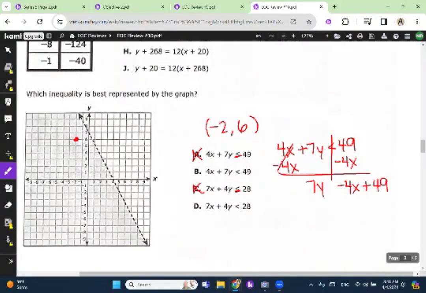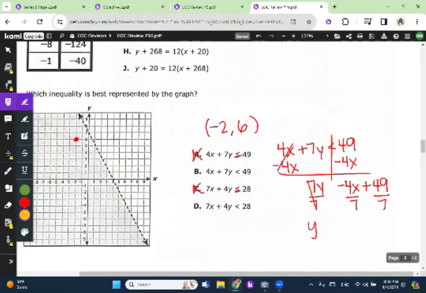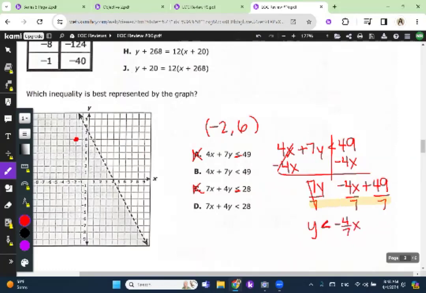Did we divide by a negative number at the end? No. So do we flip it? No. It stays as less than. That's negative 4 over 7x. 49 divided by 7? 7. All right, the y-intercept is fine.